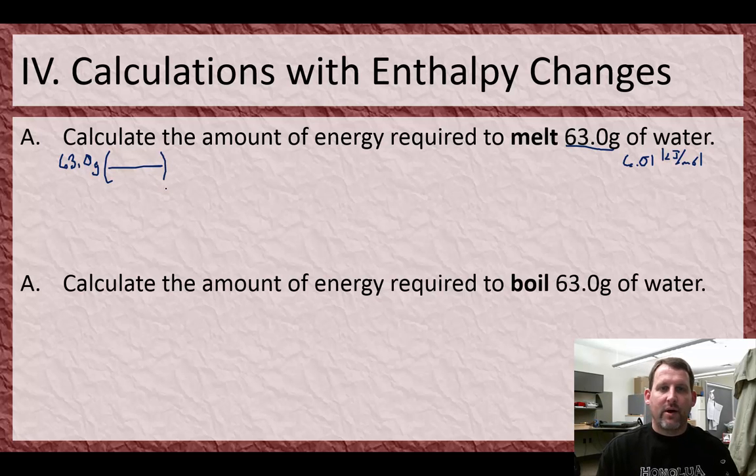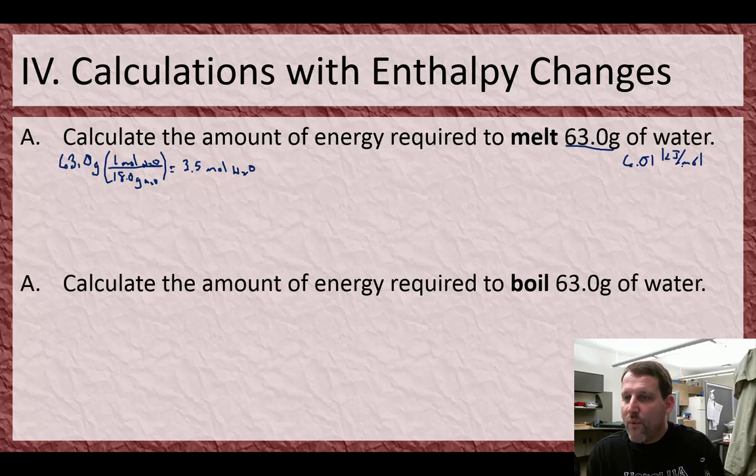When I look up the periodic table and add up the molar mass of water, I find that it is 18.0 grams for 1 mole, and that's H2O. So what I end up with is 63 divided by 18, and that gives me an answer of 3.5 moles of H2O.